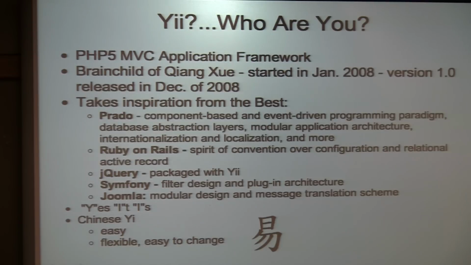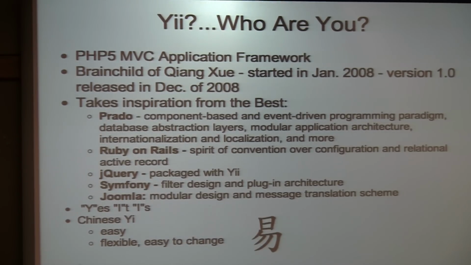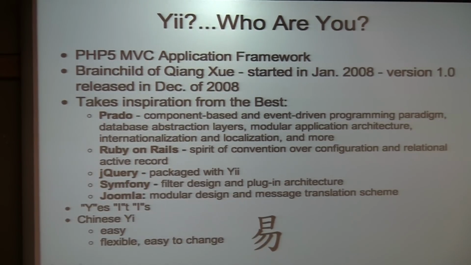He was also the main developer on Prado, which is the first bullet point down there that you see, which was used for inspiration for this framework. So it's a relatively young framework, but it certainly builds upon years of work. I'd hardly call it new, but it has been around since the alpha version in 2008. And it does take a lot of inspiration from a lot of other great frameworks that are listed here, and some of the things that it draws from.